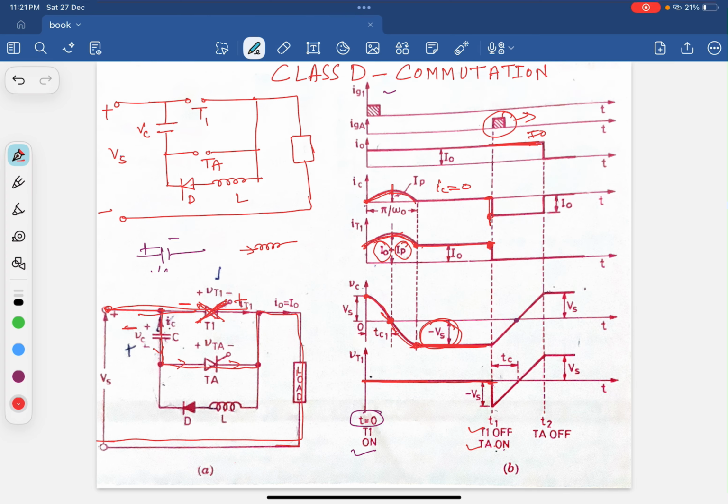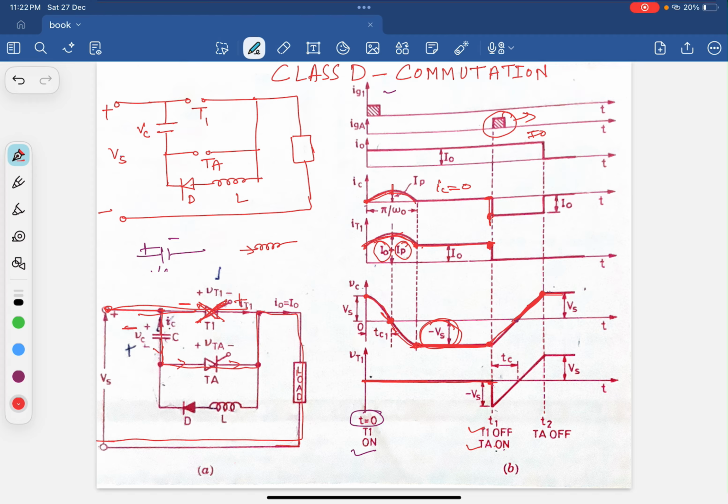Also you can see the capacitor charge recover from this value and reach 0. Then it again starts charging, rising, and at that particular point of time, instant t2, it becomes almost constant at the supply voltage.